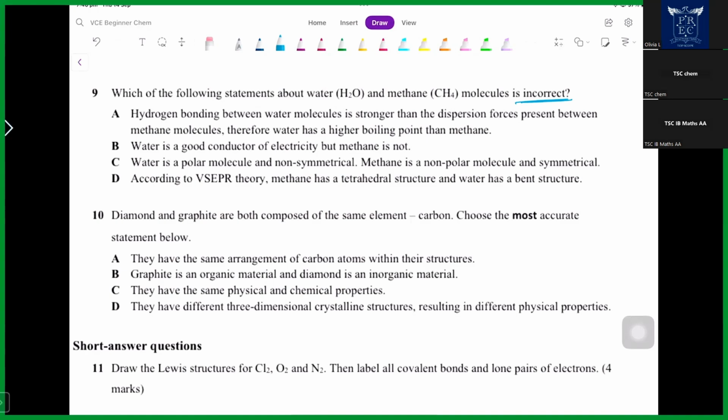You know what I mean? B, yeah. It's a good conductor of electricity. Actually, pure water cannot conduct electricity. But later on, you will find something called self-ionization of water in the acid and base chapter, so it will make it slightly easier to conduct. The rest are correct. So B is the only one which is not correct.